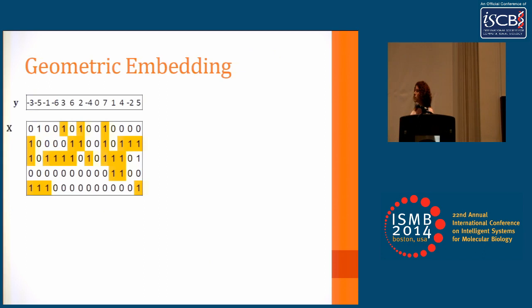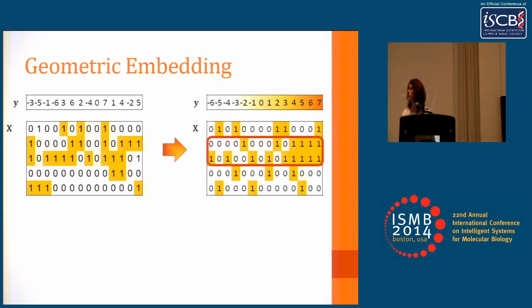So I want to start just with the intuition of our algorithm. If you just look at the data as is, then it's impossible to quickly find interacting pairs. If you sort the data according to the phenotypic levels, and here each column is a different sample, then after sorting, it seems like these two SNPs might be interacting.